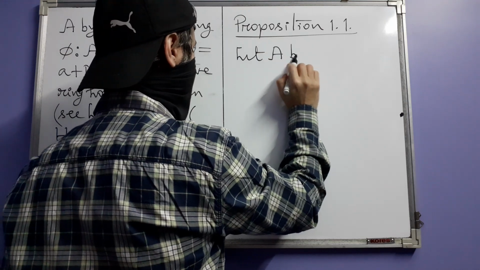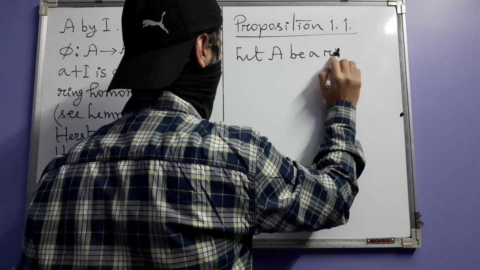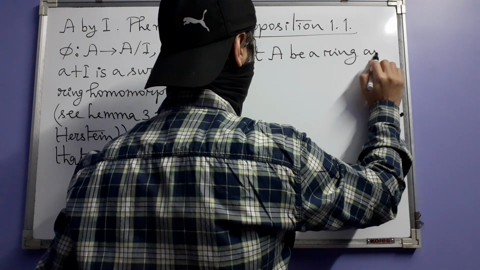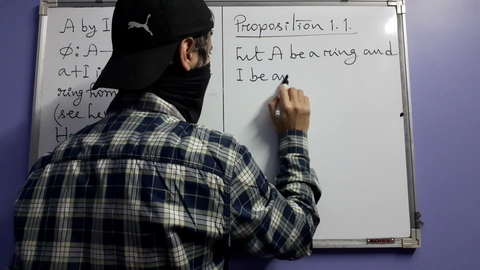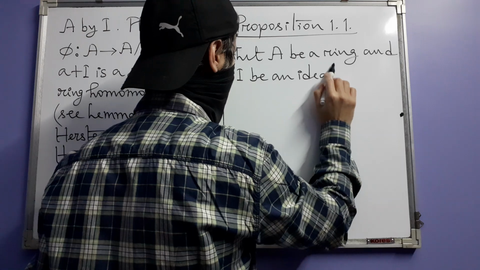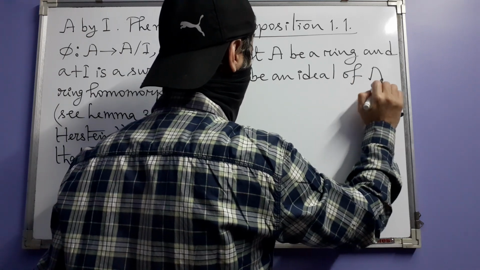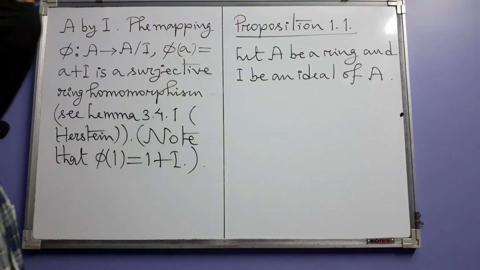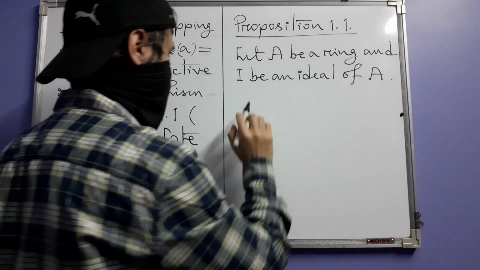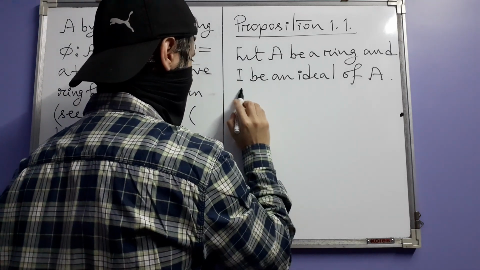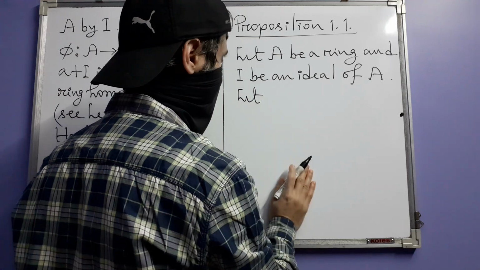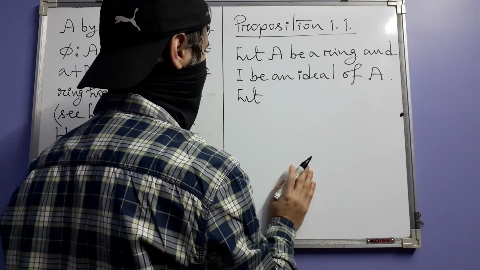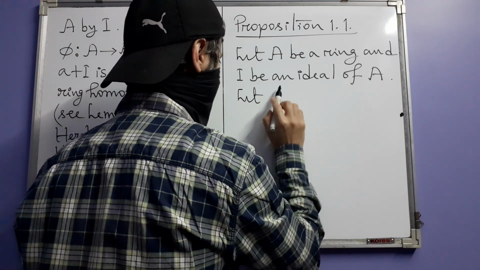Let A be a ring and I be an ideal of A. Also, let, what shall I write for these sets? I can call them anything.